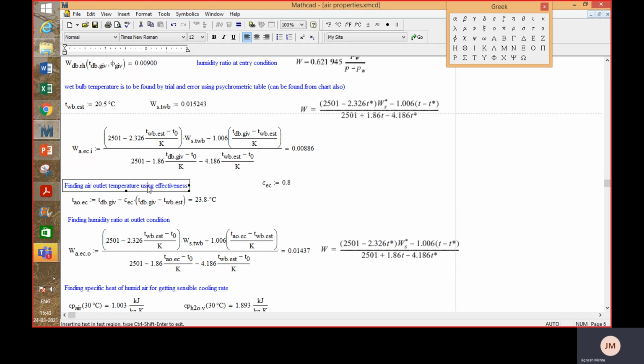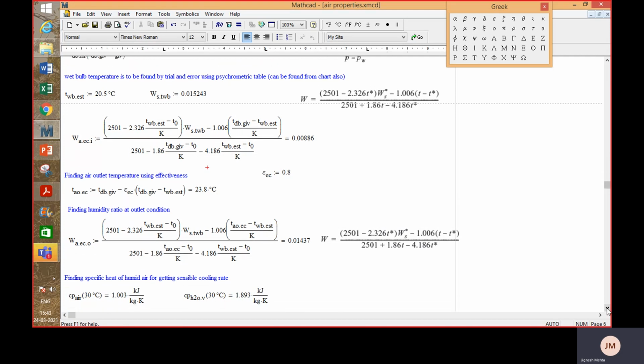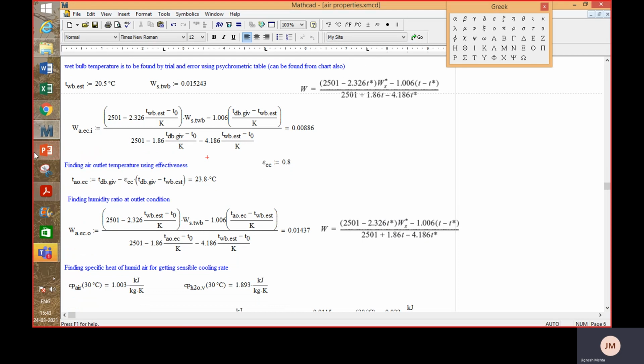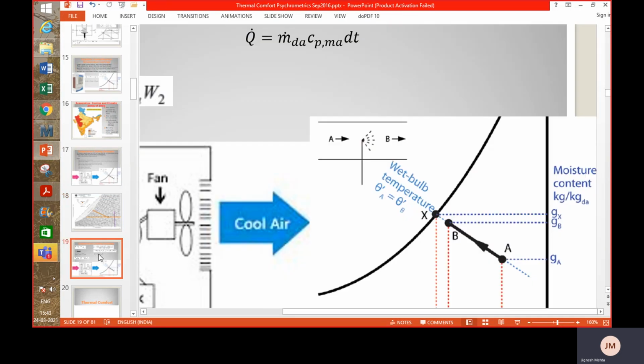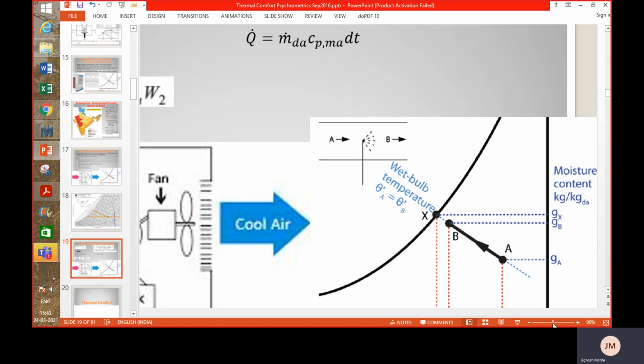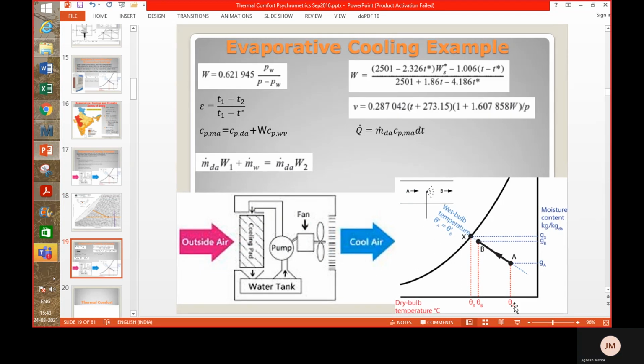Now, what will be the outlet temperature of air? That will depend upon effectiveness, which is 80%. So let's go to the next slide. This is the formula for effectiveness.